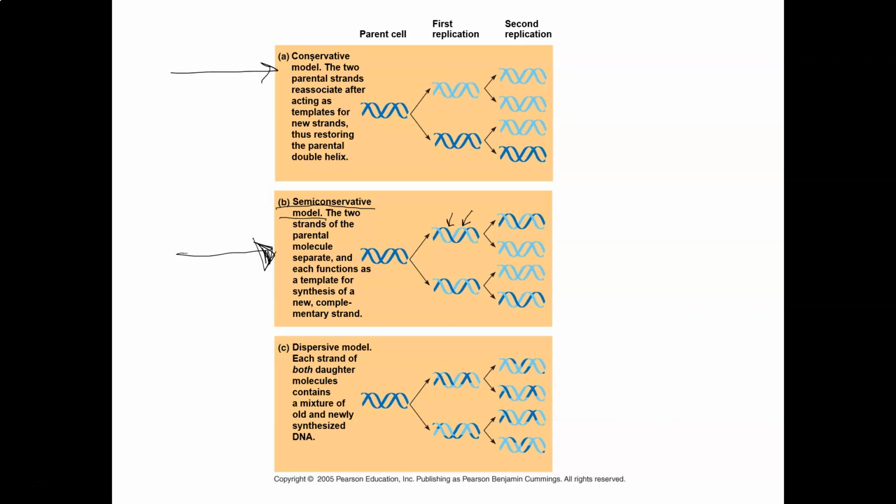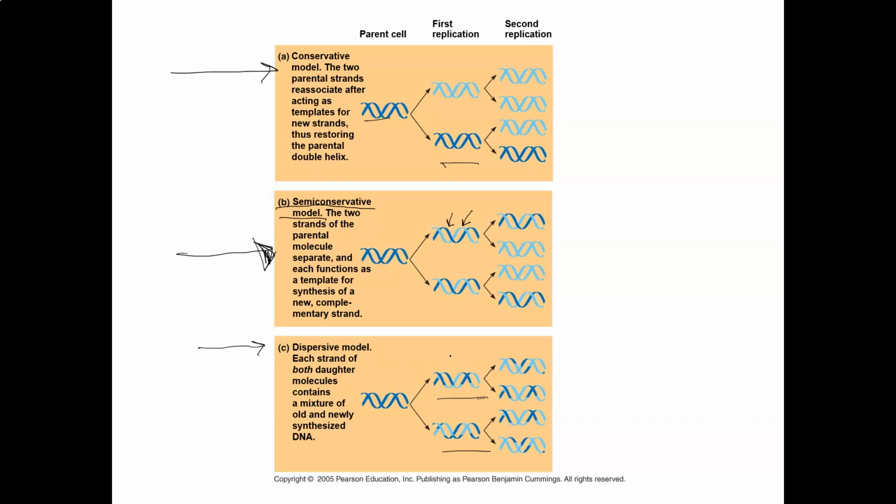And so we call that the conservative model because the original parental DNA was conserved during replication. All right, and then there was another one to rule out called the dispersive model, where in the two new DNA molecules, every strand contains some old and some new. Okay, and I don't think this was the most popular hypothesis, but it is something you have to rule out because it could happen that way.